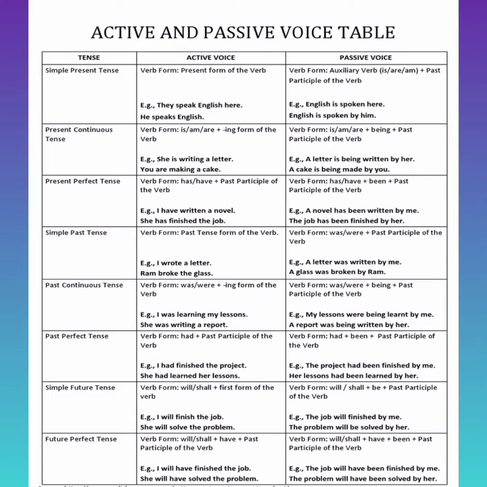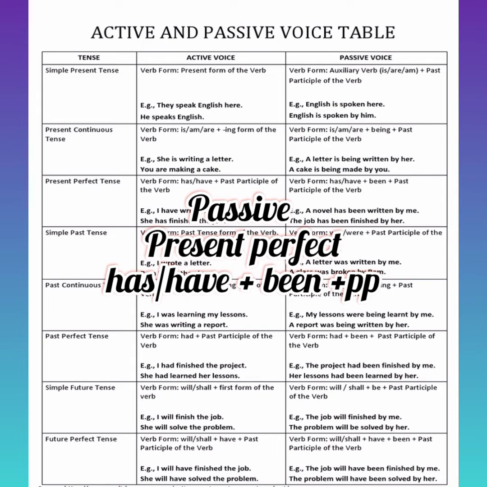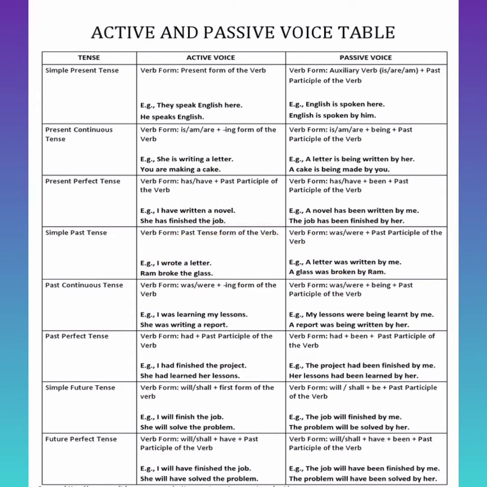Now let's consider present perfect tense. We know it is has or have plus past participle. So when you are converting that, it is has or have plus been plus past participle. For example, I have written a story. So, a story has been written by me. In the same way, in simple past tense, I wrote a letter.